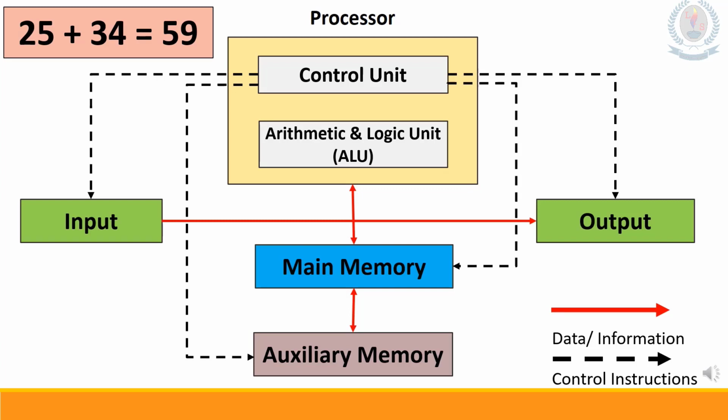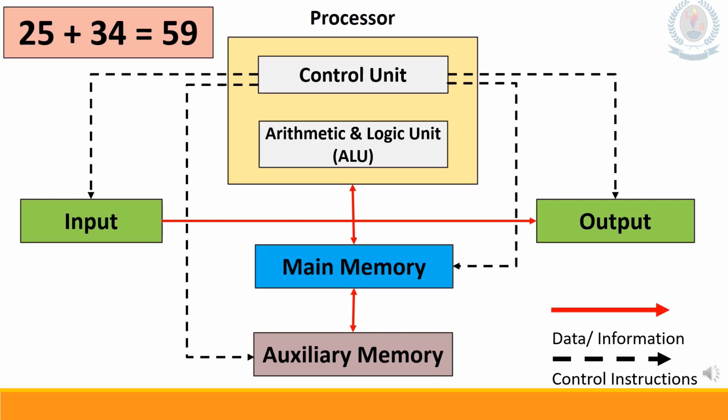First, the user will input these numbers and the mathematical operator required. In this case, the user needs to input 25, 34 and the plus symbol. Then the two numbers and the instruction, that means the addition operation, will be stored temporarily in main memory.